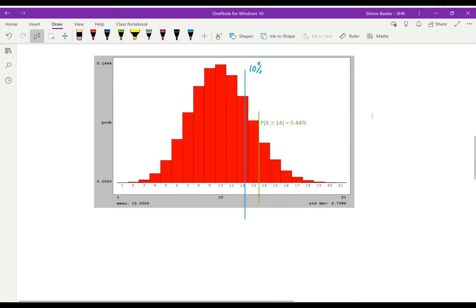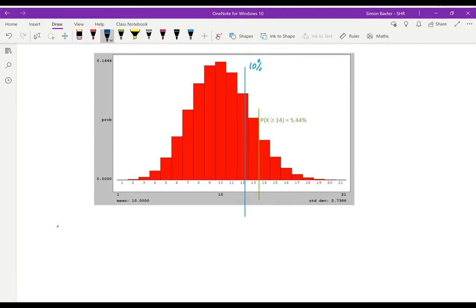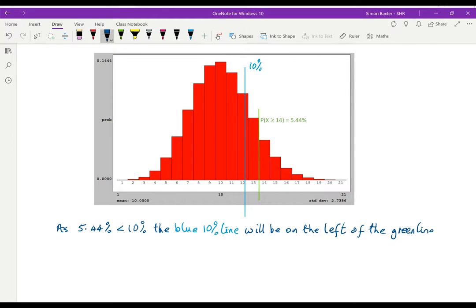And really we can say that as 5.44% is less than 10%, the blue 10% line will be on the left of the green line, and therefore 14 lies in the critical region.